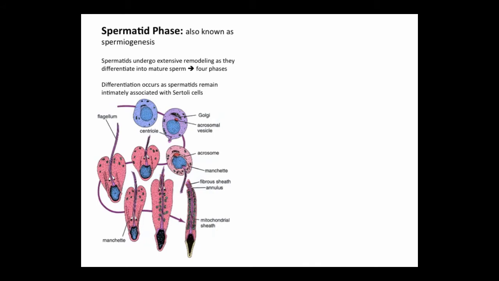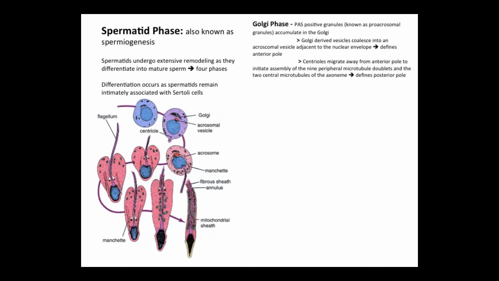Spermatids undergo extensive remodeling as they differentiate into mature sperm. We can define 4 phases in the spermatid phase. Now, differentiation occurs as spermatids remain intimately associated with Sertoli cells. The Golgi phase: there are PAS-positive granules that are known as proacrosomal granules. These granules accumulate in the Golgi.